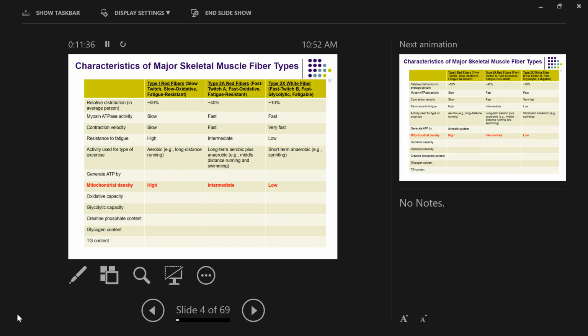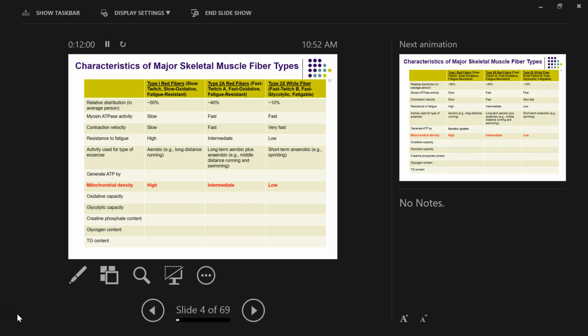And what about TG, triglyceride content? I mentioned earlier, right, the muscle cell also contains or stores some triglyceride for energy during exercise. So type 1 versus type 2X, which type of fibers should have a higher triglyceride content?